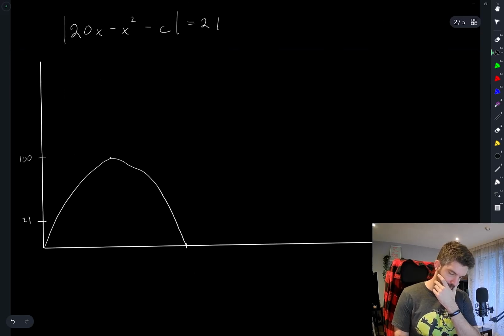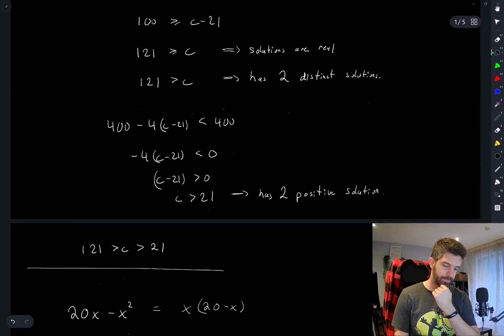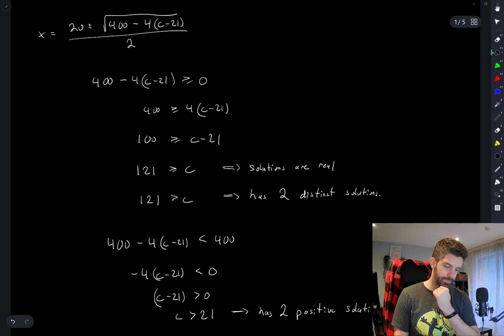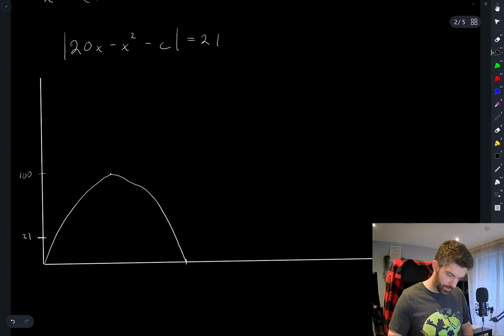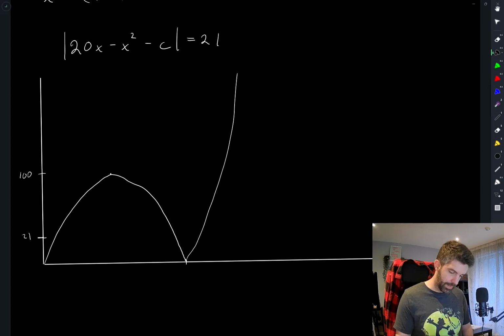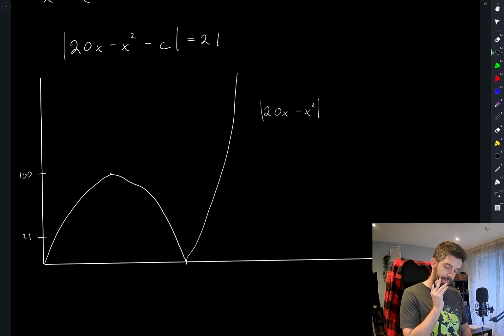So that function there is 20x minus x squared in absolute values for positive x.